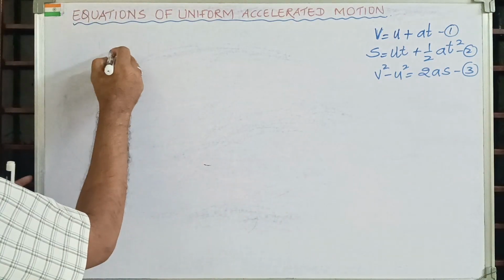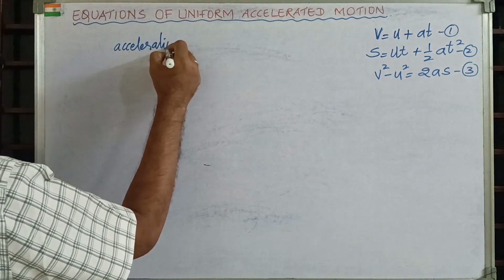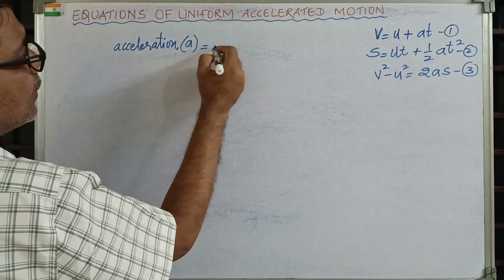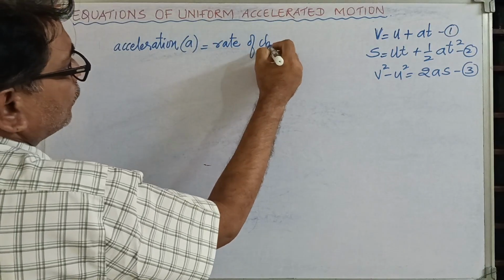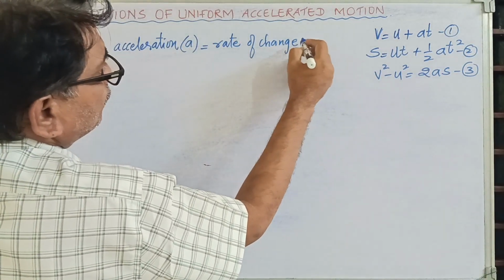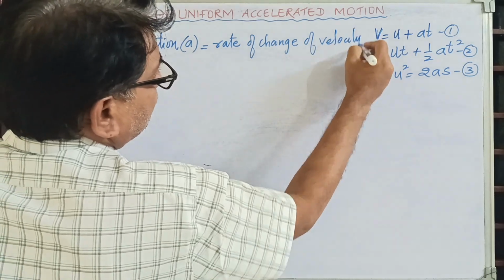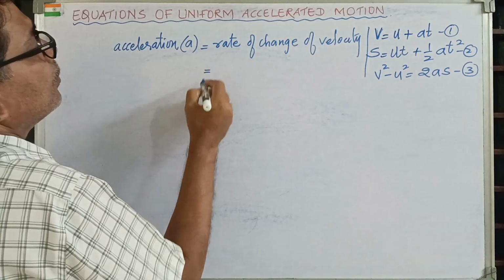Before going to that, you should know what acceleration is. Acceleration, which is represented with a, is the rate of change of velocity. First of all, what do you mean by rate?